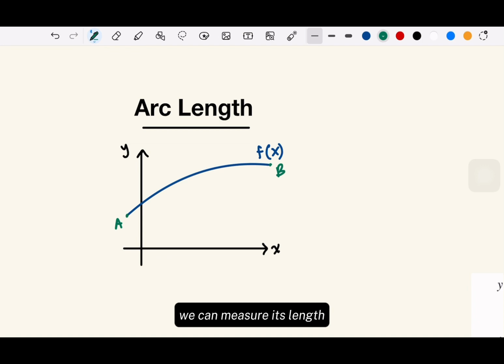We can measure its length. That's what we call the arc length. Okay. And now, how to do the measurement easily?